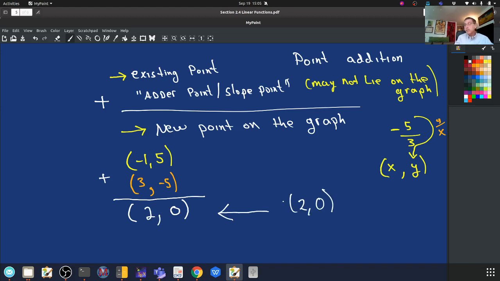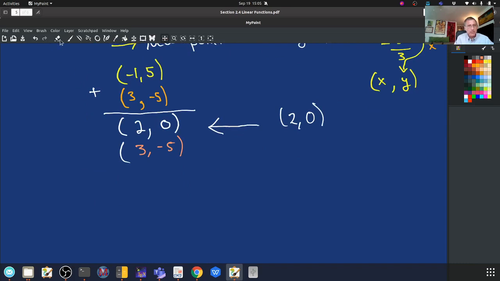Now if I wanted yet another point, I could say, well, here's my new point, and let's add my adder point to it. And I will get yet another different point on the graph. 0 plus minus 5 is minus 5. 2 plus 3 is 5.